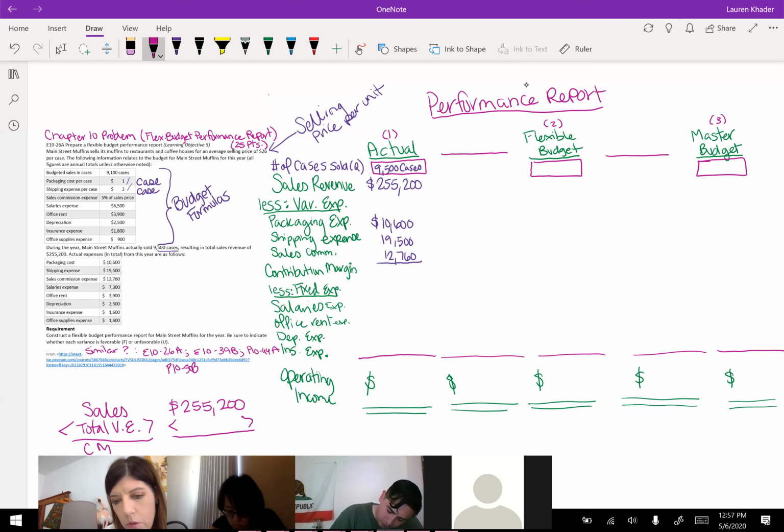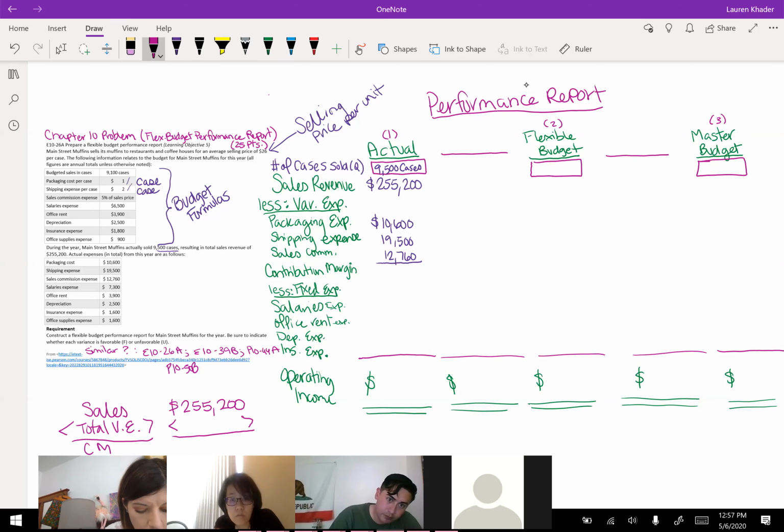For this problem, double check all of the numbers as you're going through it, just to make sure you're using the correct numbers, and then any numbers you calculated, just double check them. Because an error in calculation can mess up several answers.